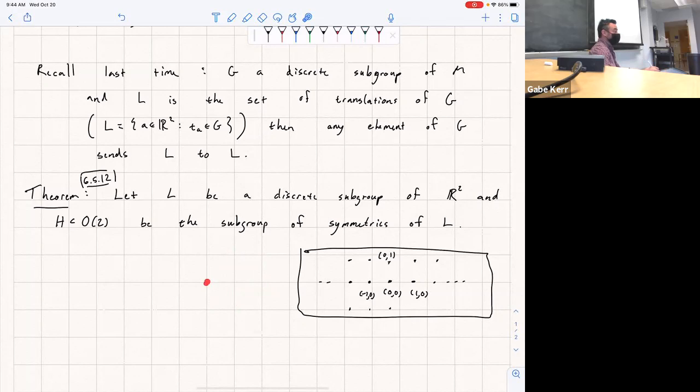You can rotate by 90 degrees. You can reflect across x equals y. I can rotate and reflect. I can reflect across an axis. So this is actually going to be D4.